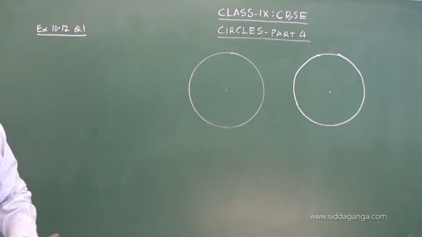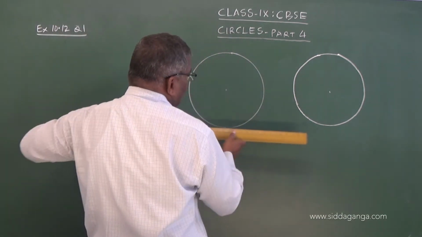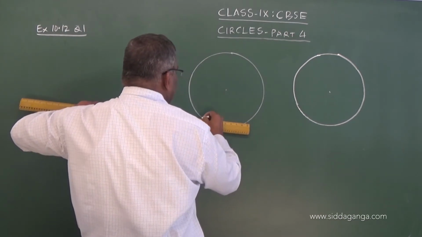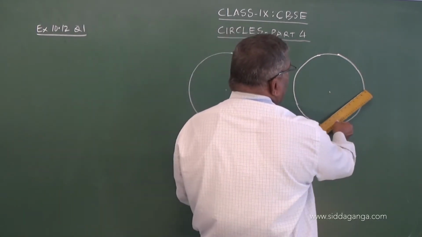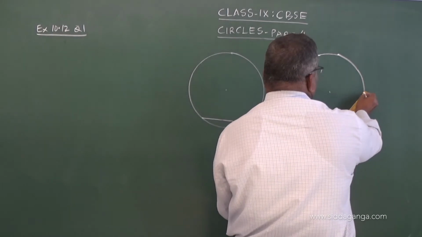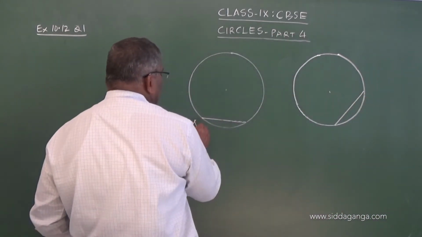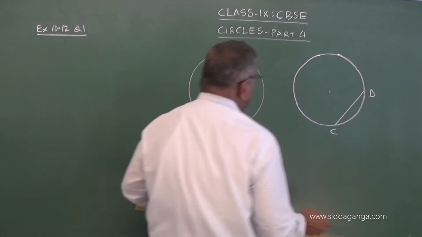Now, there are two chords. One chord in this circle and the other chord in this circle. This is AB, CD.